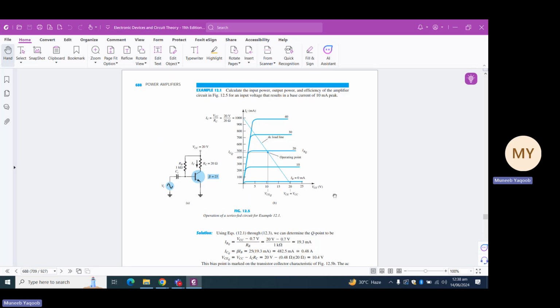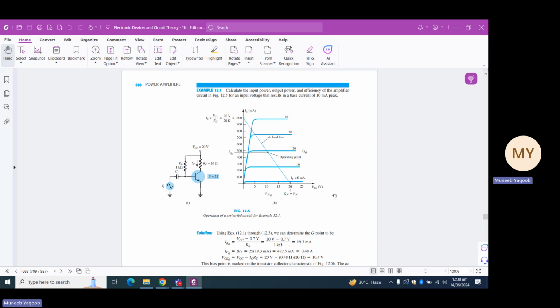So first of all, we will calculate the base current using minus VCC plus IBRB plus VBE equals 0, and hence VCC minus 0.7 volt divided by RB will be IBQ. So IBQ is 19.3 milliampere. Now to calculate IC, we will multiply this IB with the beta, which was given in the figure as 25. So ICQ will become 0.48 ampere.